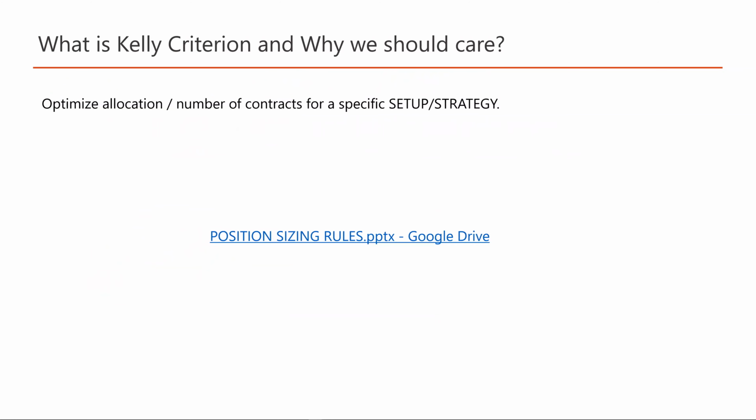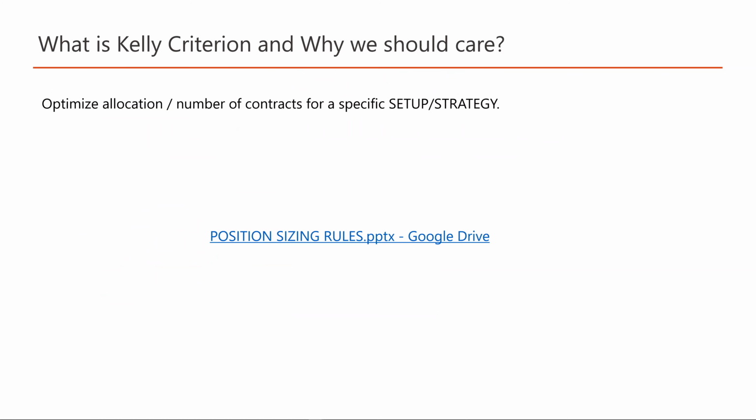All right, so now we're going into the specifics of Kelly Criterion and why we should care. Like I mentioned before, under main assumption 1, you need to know how to optimize the number of contracts you pick up, because if you don't, then you might be making too little, or you might be making too much, which is not a bad thing.